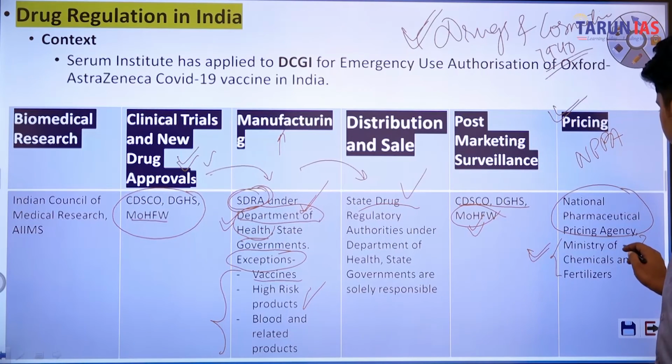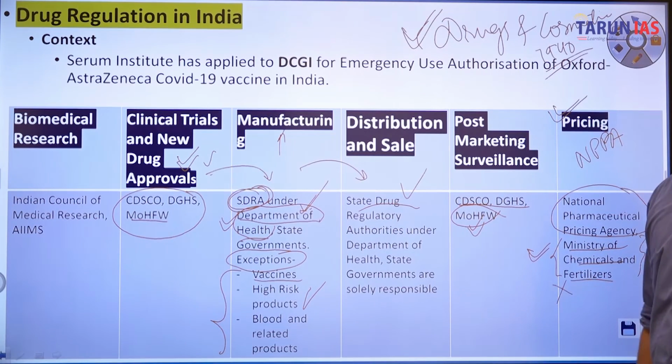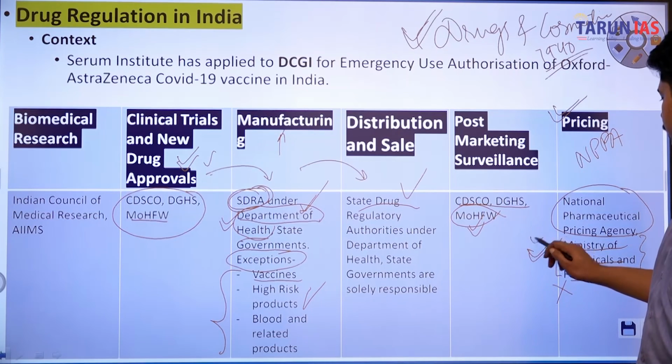It is under the Ministry of Chemicals and Fertilizers, not the Ministry of Health and Family Welfare. This is very important.